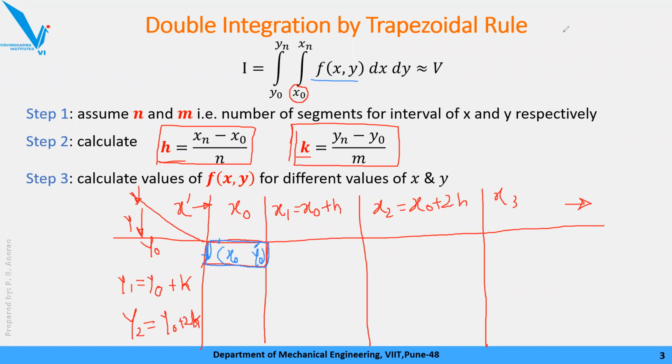Assume that the given function is something x square plus y square plus something कुछ तो भी है. Okay, so in place of x we will put x0, in place of y we will put y0, and we will calculate the function x0, y0, और जितना भी वैल्यू आ जाएगा उसका. अब ये कैसे करना है हमने बहुत बार देखा, कैलकुलेटर में फॉर्मूला फीड करेंगे, उसमें x0 y0 वो डालते जाएंगे. ओके, by using that method you will calculate the first value.